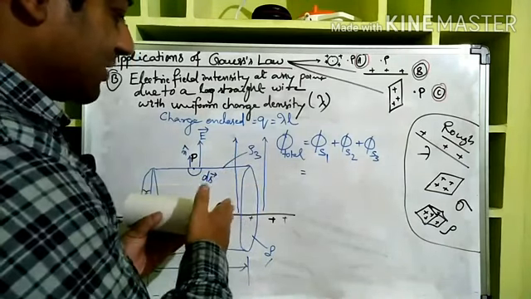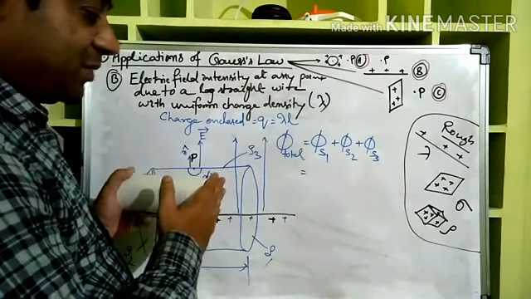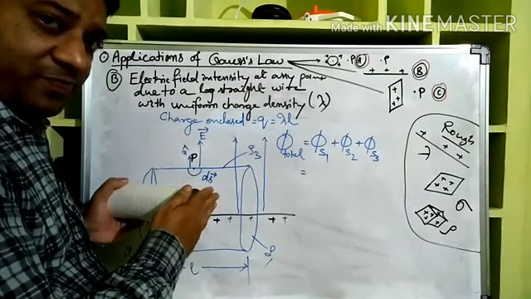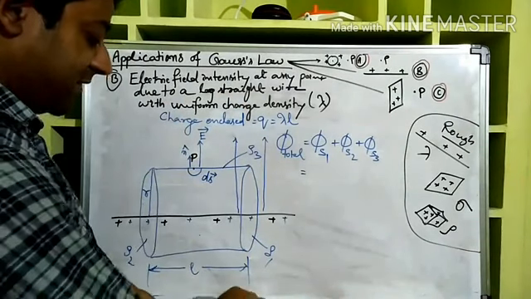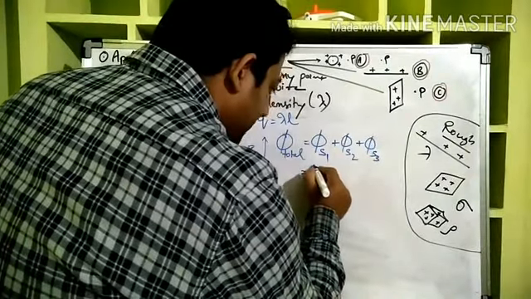So what we can conclude is that no field line touches this surface area, meaning electric flux must be zero. Do you understand? It's by the definition of electric flux. Otherwise, we can also mathematically calculate phi S1.